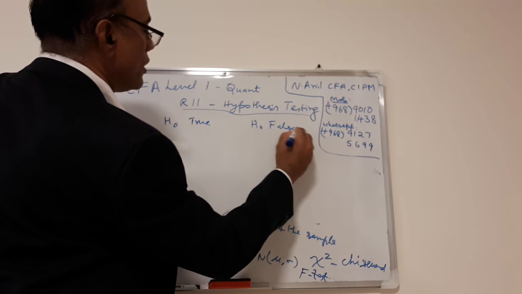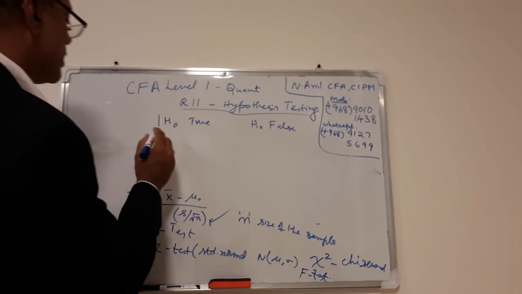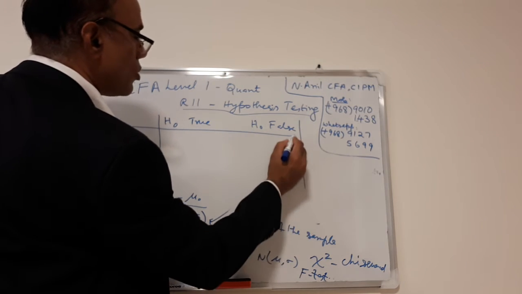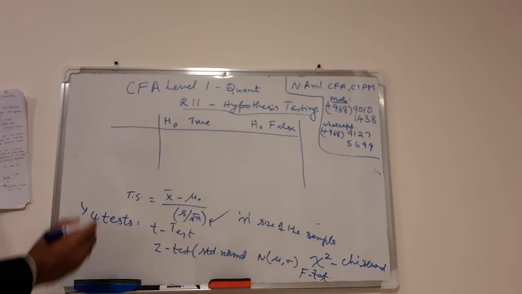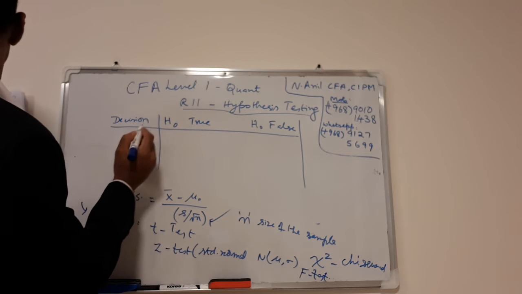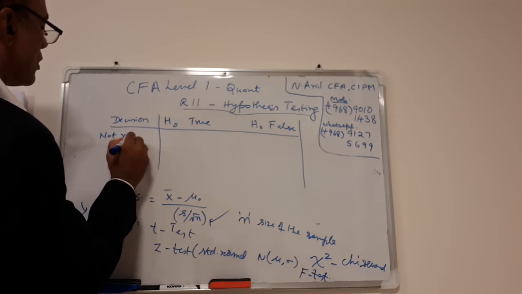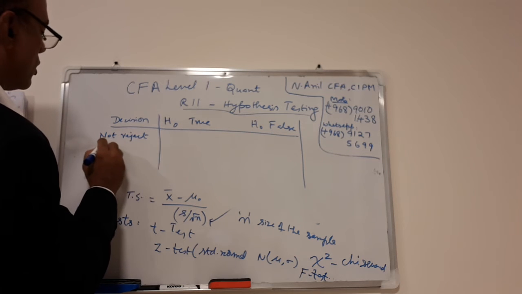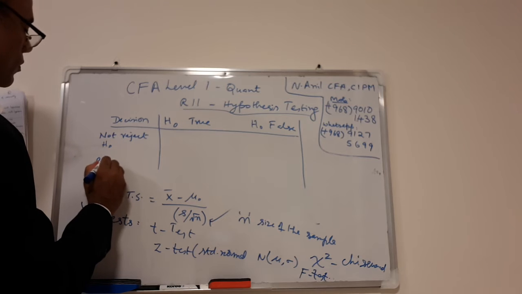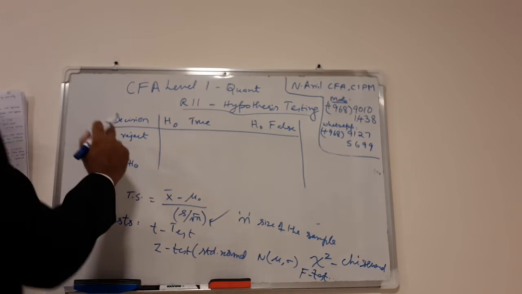This is the actual situation, but the analyst has made a decision which can be right or wrong. Now the decision of the analyst: not reject H naught, or reject H naught. So this is the objective of the hypothesis.